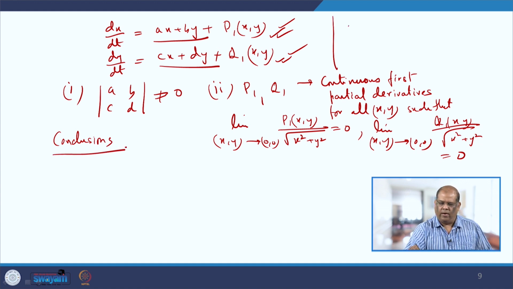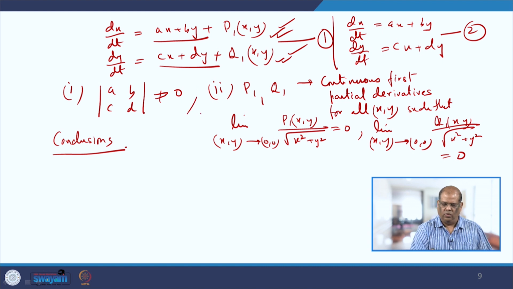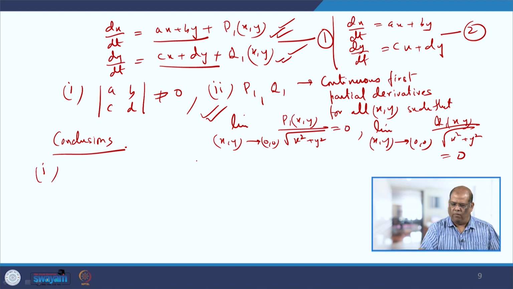Here I write the linear system, and here is the nonlinear system. So, this is your 1 and this is your 2, and we assume these two properties have been satisfied. Then the conclusion is, of course, you will calculate the eigenvalues lambda 1 and lambda 2.